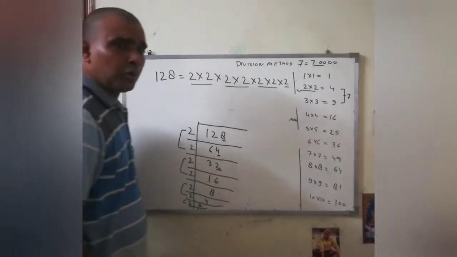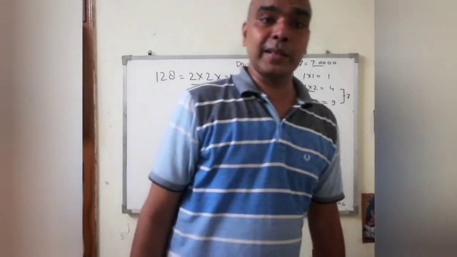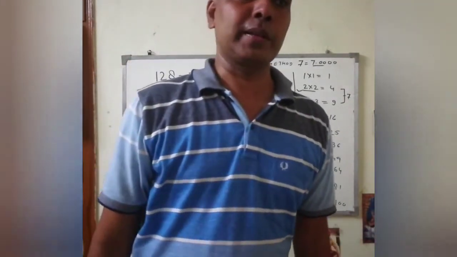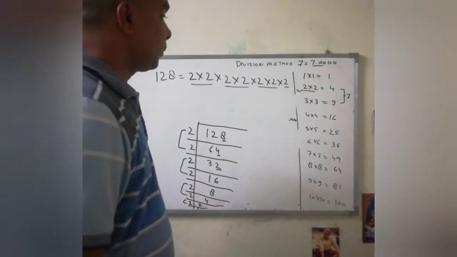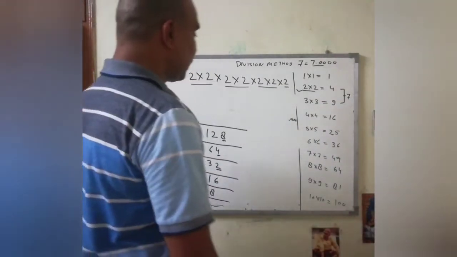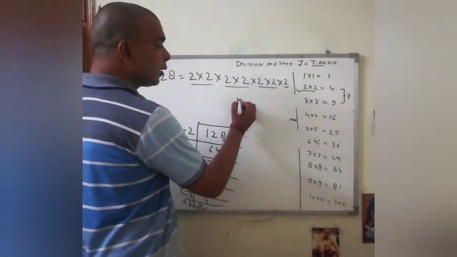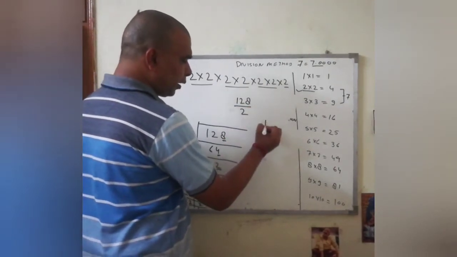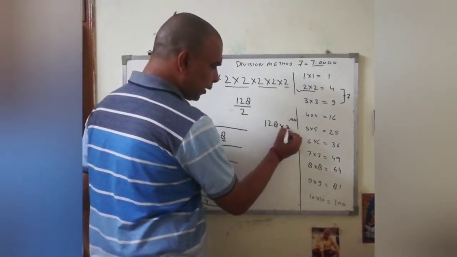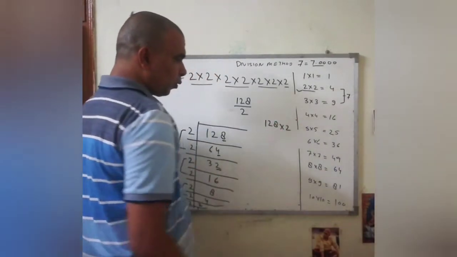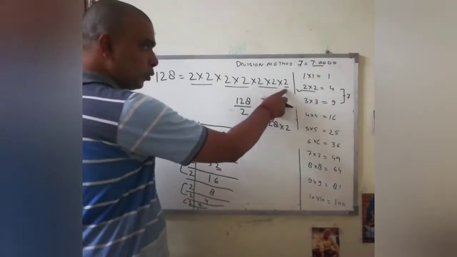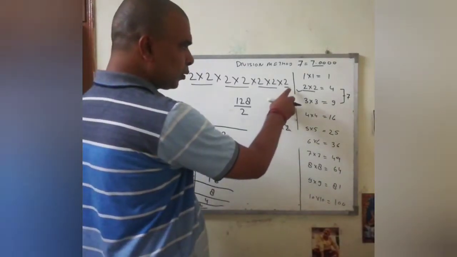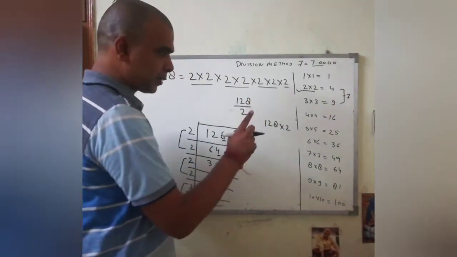Okay, so whatever number is left as a single, you can tell your answer. This number is divided or multiplied by 128 to get a perfect square. If you divide by 2 or if you multiply it by 2, what happens? If you divide by 2, so 2 is cancelled, and if you multiply it by 2, so one pair of 2 will be coming in the answer.